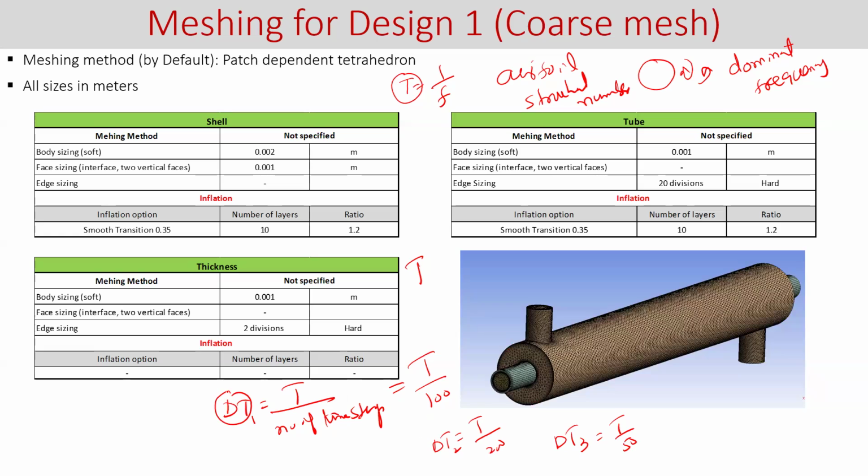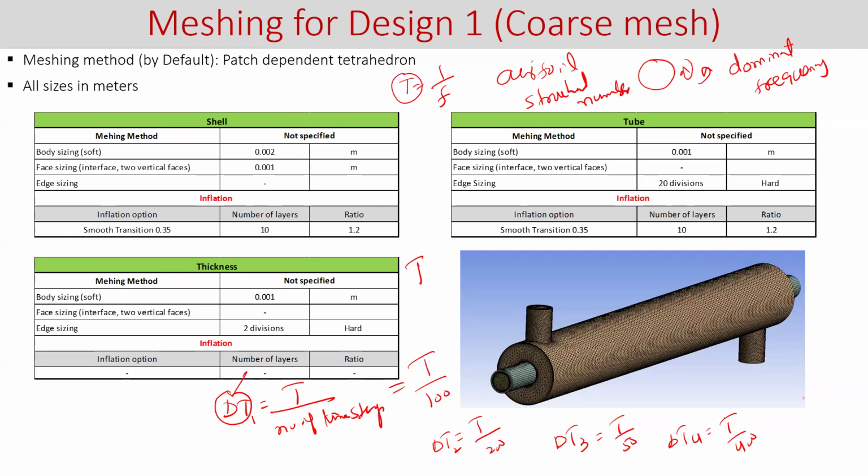Then compare the results for time step 1, that is T upon 100, the second time step, that is T upon 200, and the third, that is T upon 250. In each case the time step differs by about a factor of two. Then you compare your results: if the results change with the time step, you continue dividing in this way, for example the fourth time step may be T upon 400.